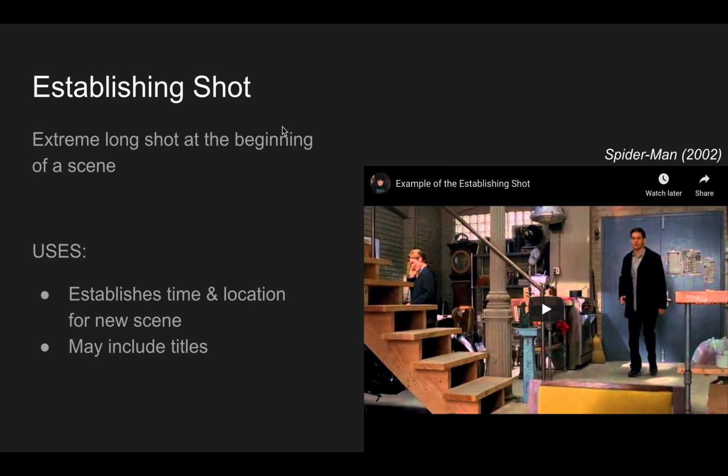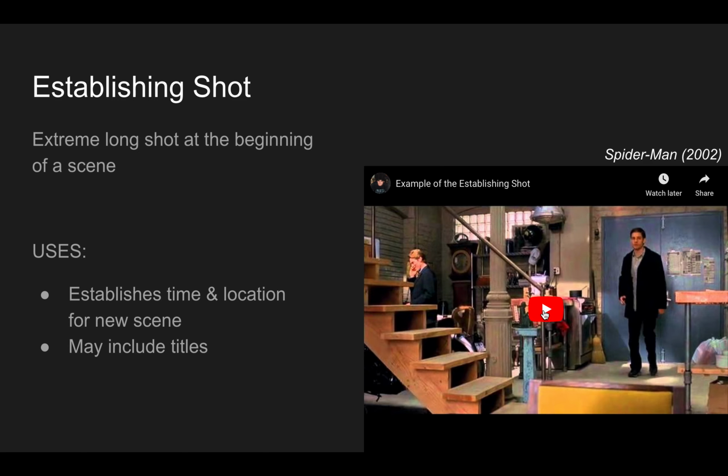Okay, and that's letting us know that we're changing locations. Because if they just cut from the coffee shop to the interior of an apartment, that would be a little bit confusing for us. So we need that establishing shot to just kind of be grounded in the sequence of events here.